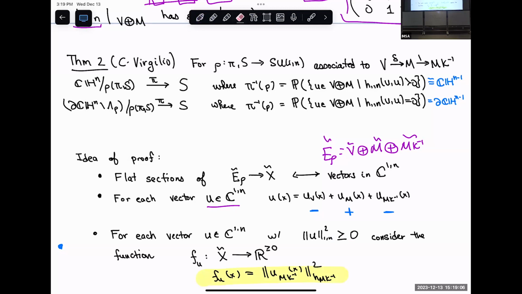And so for each vector u which is not negative, so either isotropic or positive, so that's something either in the boundary of complex hyperbolic space or in the interior, we consider the following function. F u is a function on the universal cover, which takes the norm squared of the projection onto this factor right here.